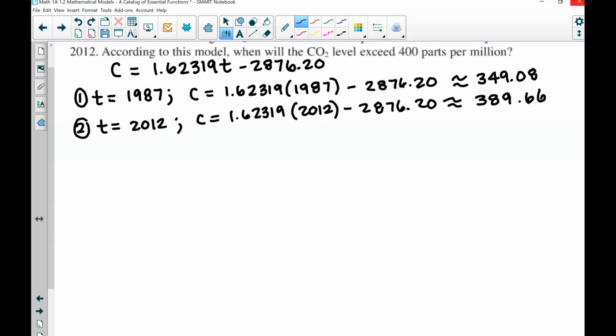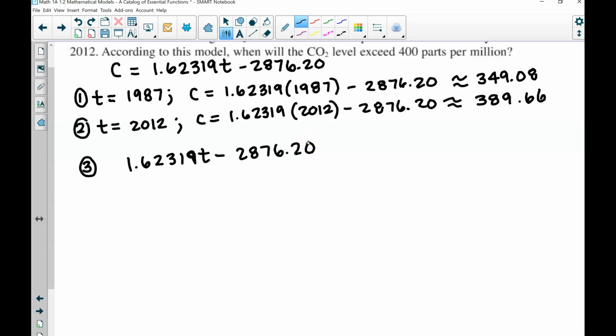Now, using equation 2, we see that the carbon dioxide level exceeds 400 when what? In order for us to figure that out, we want to set this up using our equation 1.62319t minus 2876.20.